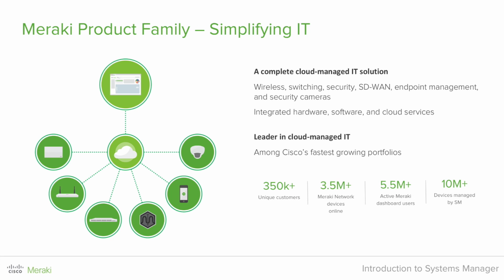Meraki and the Cloud Networking Group makes up our cloud-managed access points, security appliances, switches, our endpoint management solution, such as Systems Manager that we'll be covering today. We also have some cloud-managed security cameras and a cloud-managed application or SaaS performance monitoring product called Meraki Insight. All of these products are part of the Meraki product portfolio and are managed through one Meraki dashboard.